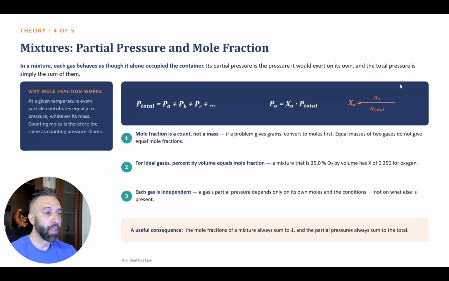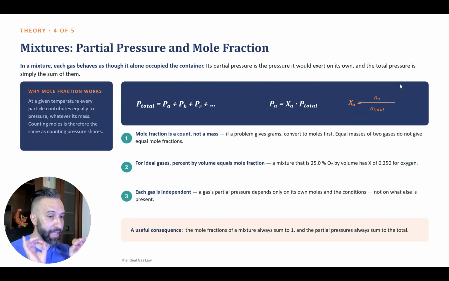Now, if there is a mixture of gases, we have a bit of a special situation, but this is very easy to do, and it can be done in multiple ways, which is why I like it. So let's say it like this. 1 mole of any gas always exerts the same pressure. So that means if I have a total pressure of 1 atm, and inside is a mixture of 50% oxygen, 50% hydrogen, equal amount of moles.